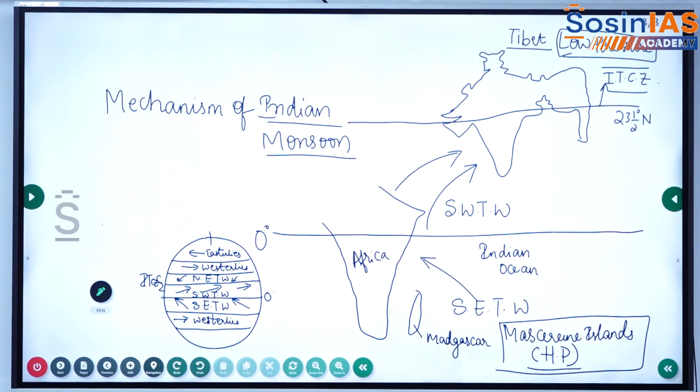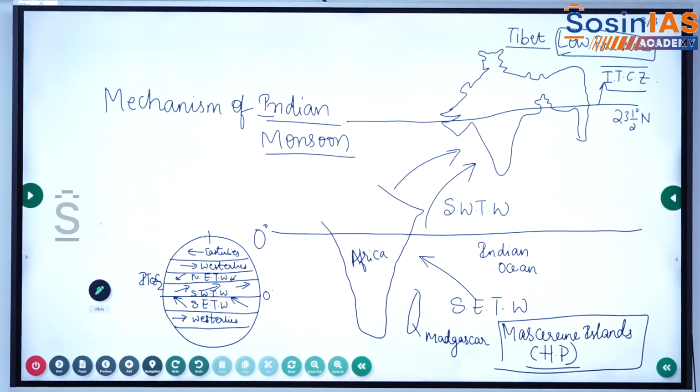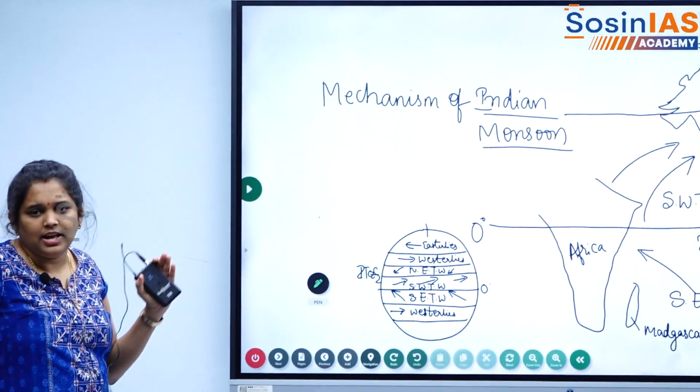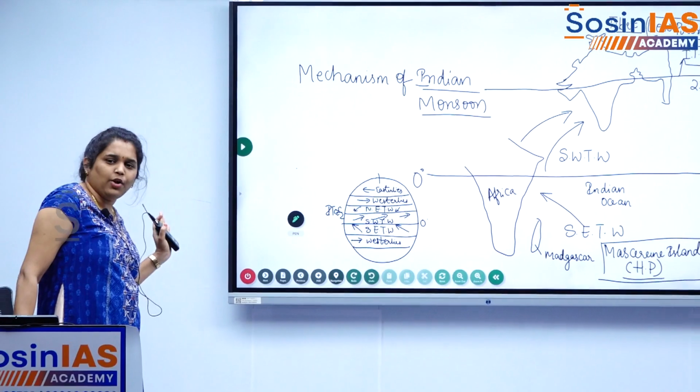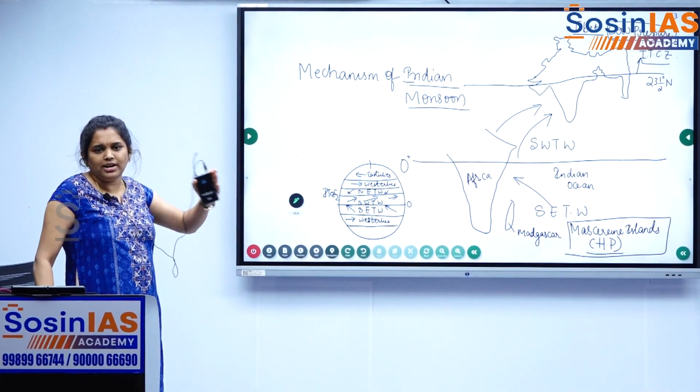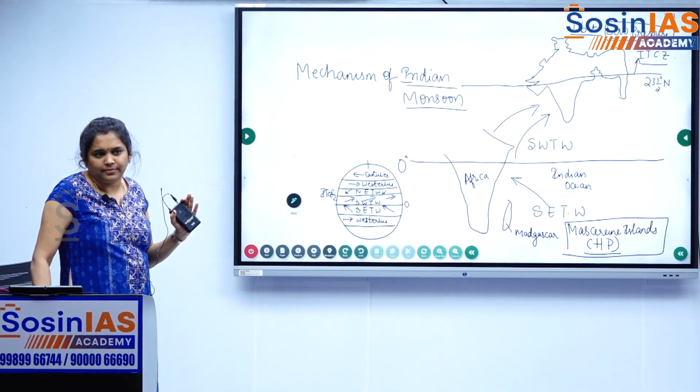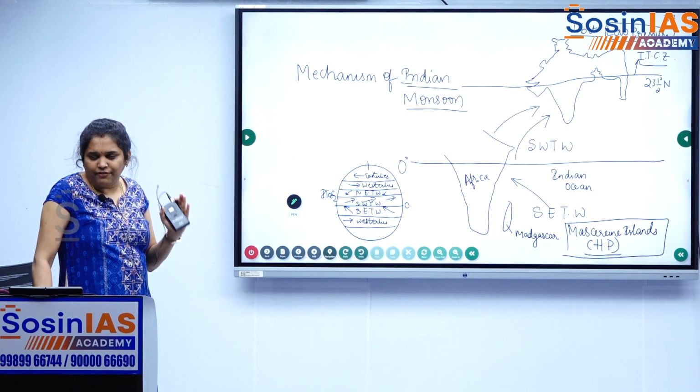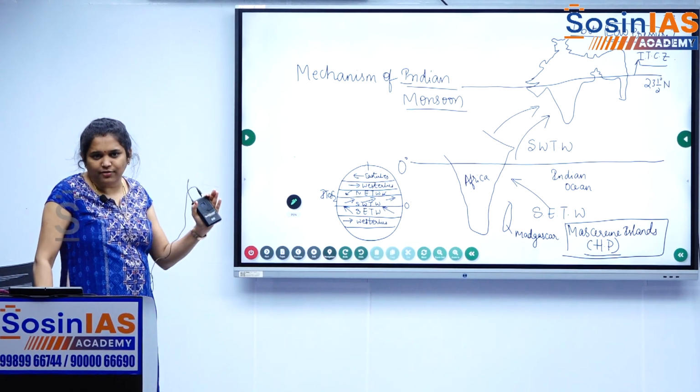So the low pressure is caused because of the shift in ITCZ. So always wind starts blowing from high pressure to low pressure. So southeast trade winds went till equator. Because there is still low pressure beyond, it will be drifting towards northern hemisphere and it will turn right in the northern hemisphere, turning into southwest trade winds. And these southwest trade winds will carry all the moisture towards the Indian subcontinent, shedding the rain over there. Clear everyone? You have taken the heading, mechanism of Indian monsoon.